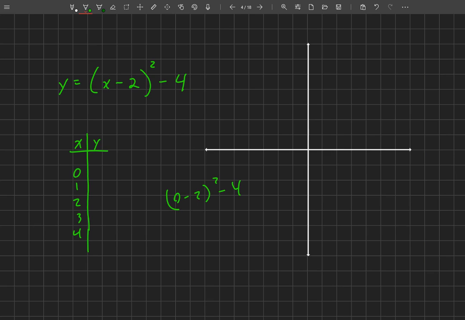That's negative 2 squared minus 4. Negative 2 squared, that's negative 2 times negative 2 is 4, minus 4. That gives me 0. So when I plug in 0, I get 0. Okay, so far that seems pretty normal, even as ugly as that equation is.